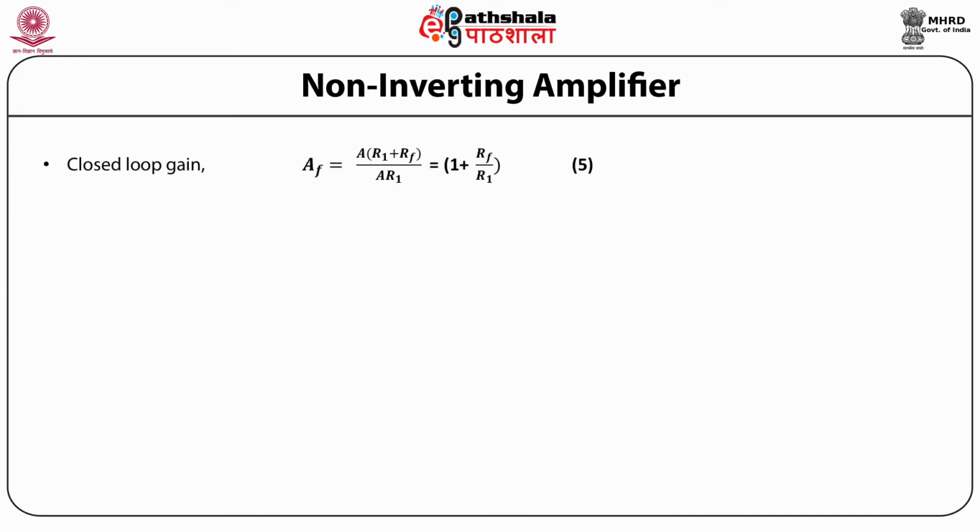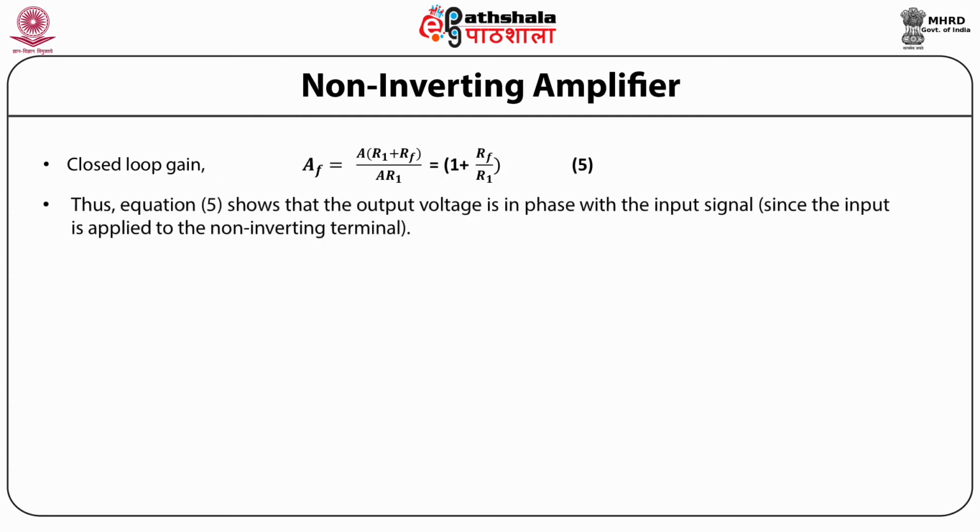So, closed loop gain AF will be equal to A times (R1 plus Rf) divided by AR1, which equals 1 plus Rf by R1. Thus, equation 5 shows that the output voltage is in phase with the input signal since the input is applied to the non-inverting terminal.